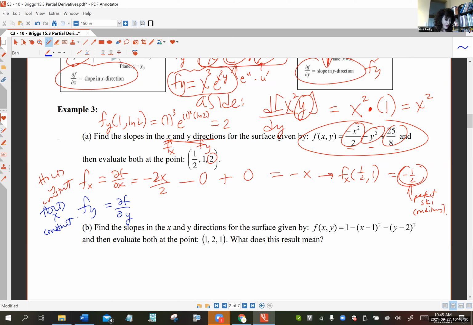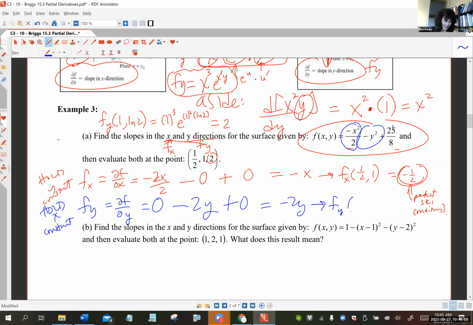When you take the derivative of this function with respect to y, what is the derivative of the first term, negative x squared over 2? 0. The derivative of minus y squared with respect to y is minus 2y, and of course the 25 is 0. So we're just going to get negative 2y. Evaluating this at the point with x and y coordinates a half, 1, we get negative 2 times 1, which is negative 2.